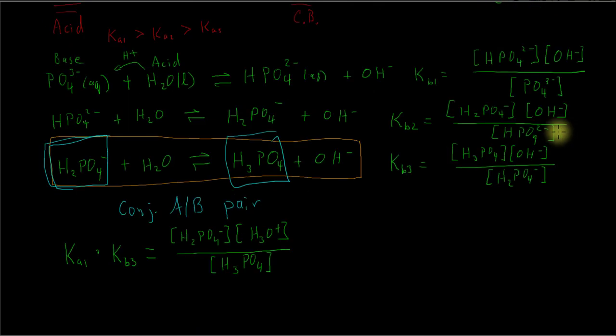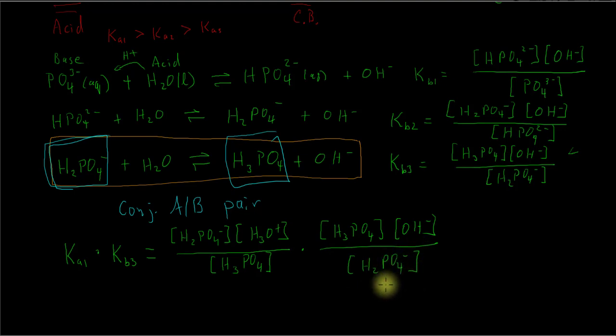And so we want to multiply that by the Kb3 expression, which is right here. So we're going to multiply that by Kb3, which is the H3PO4 concentration times the concentration of OH- divided by the concentration of H2PO4-. Now what you'll notice is that when we're multiplying these two together, we have an H2PO4- up here in the numerator of the first term and in the denominator of the second term.